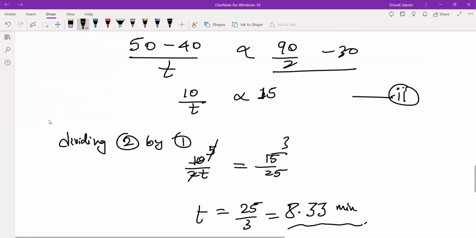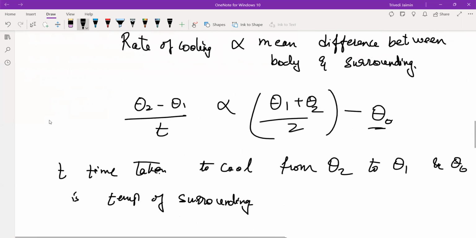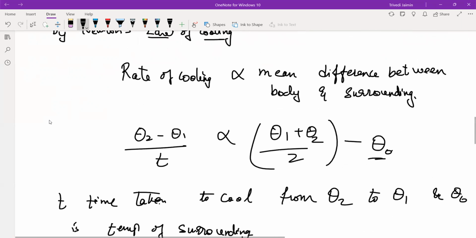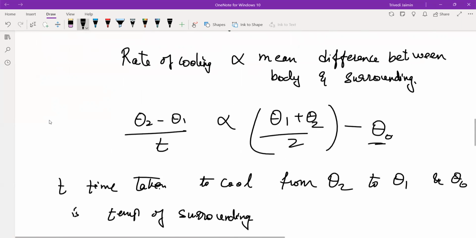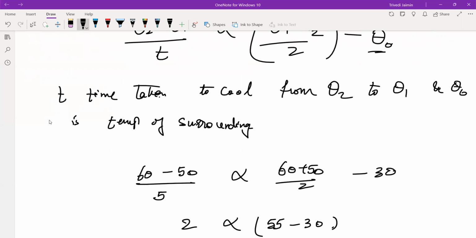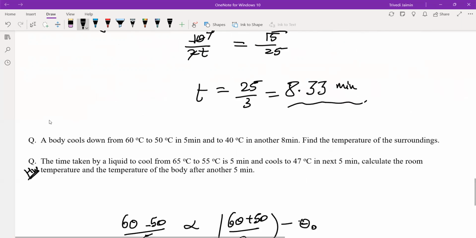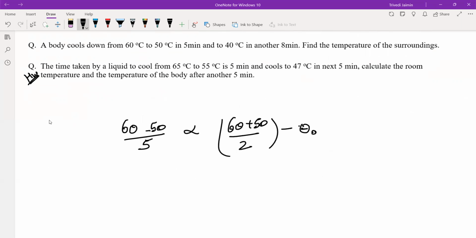Oh, sorry. Here, what we wrote here, theta naught, we wrote somewhere here. Where it is? I confused. See, theta naught is the temperature of surrounding. Yes, sir. From the start I was doing wrong formula, sir. Now can you get it, right? Yes, sir.